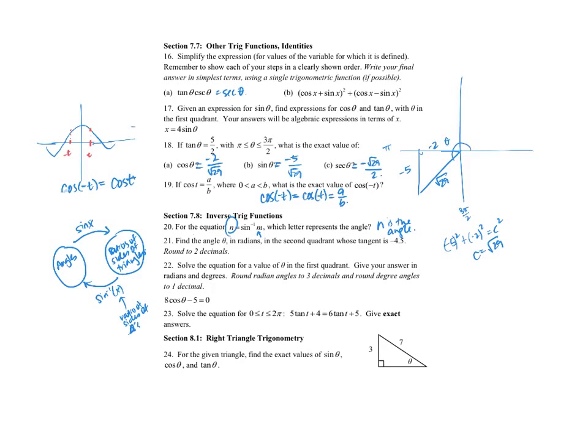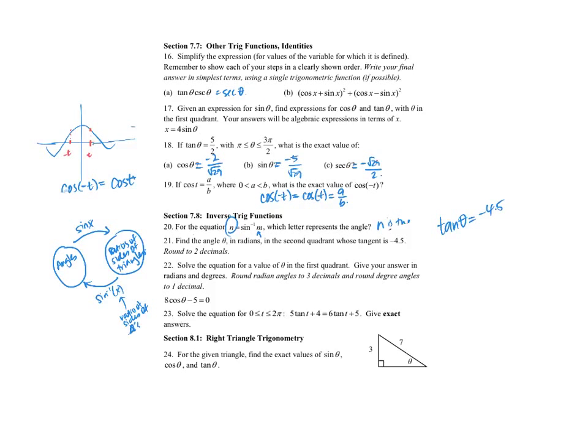Find the angle theta in radians in the second quadrant whose tangent is negative 4.5. Okay, so let's use our calculator to find tangent inverse. So I know that tangent theta is equal to negative 4.5, and it's in the second quadrant.